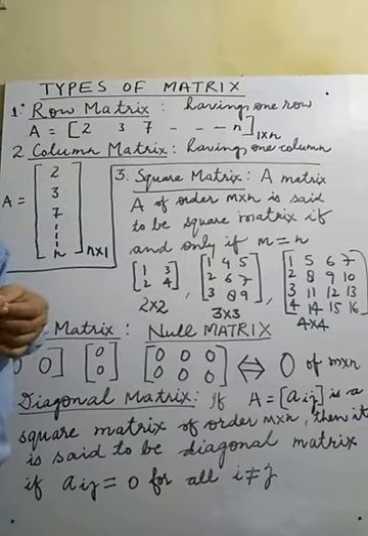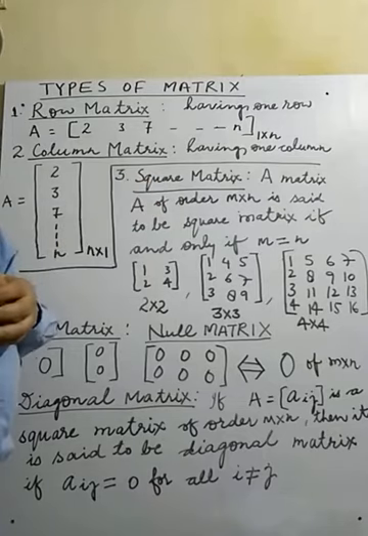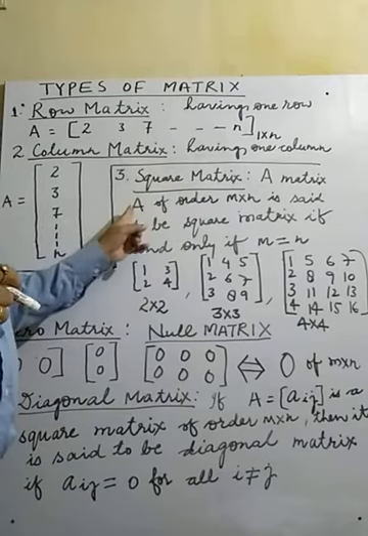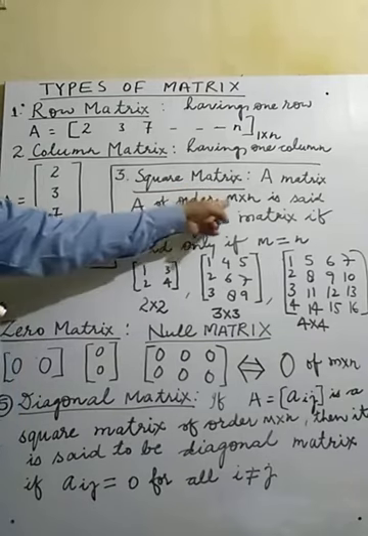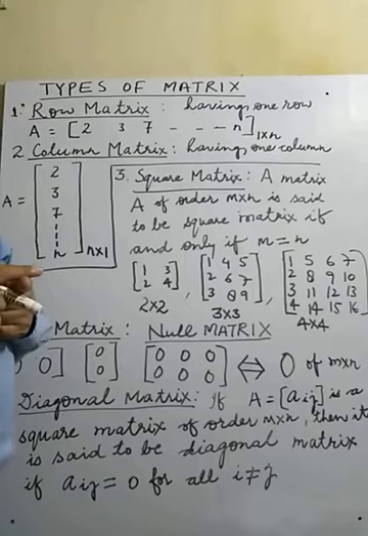Similarly here, in a matrix also, the same concept applies. A matrix A of order m into n is called a square matrix if and only if m equals n. If the number of rows equals the number of columns, such an arrangement of elements in a matrix is called a square matrix.